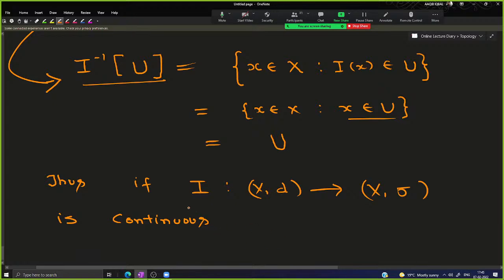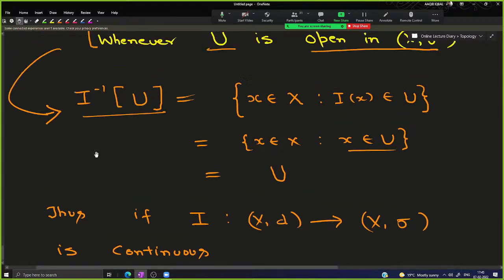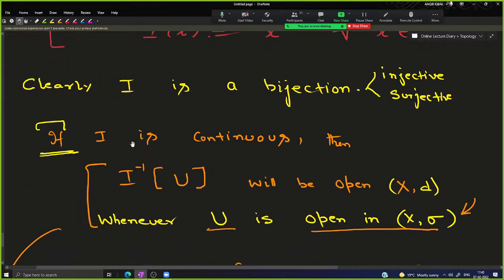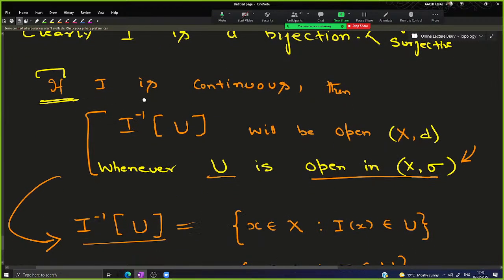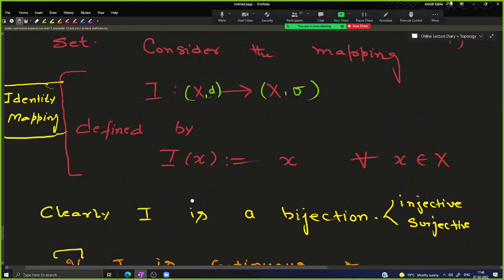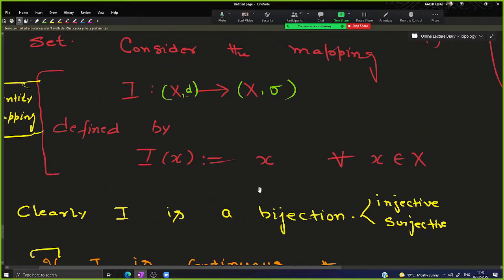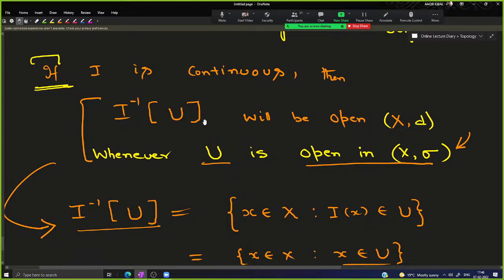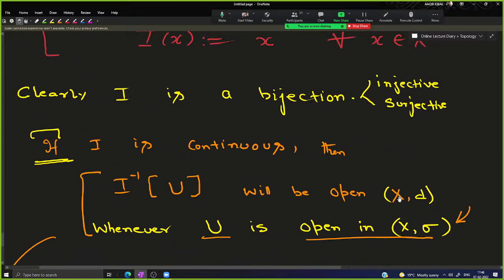The summary is this. हमने जो ऊपर किया था उसकी summary है, मैंने आपको दिखाया if this mapping I is continuous, mapping from xd into x sigma, तो फिर ये होगा I inverse u, it will be open in xd whenever u is open in x sigma.